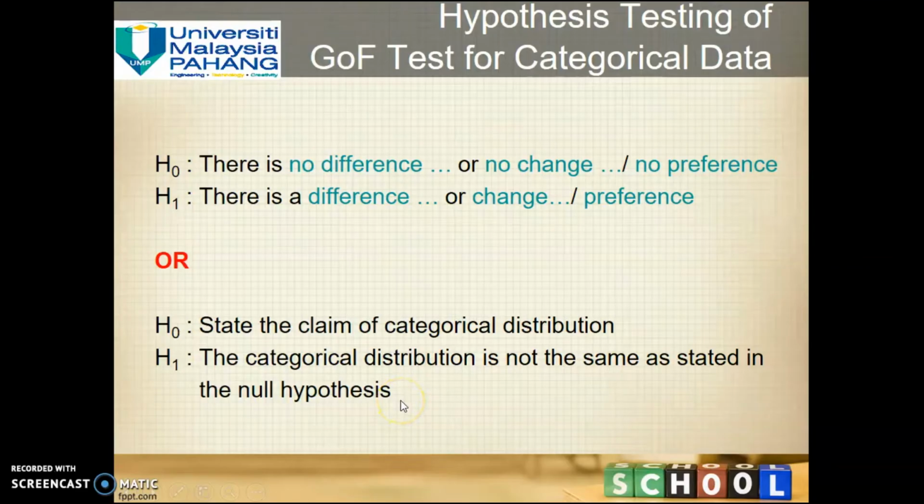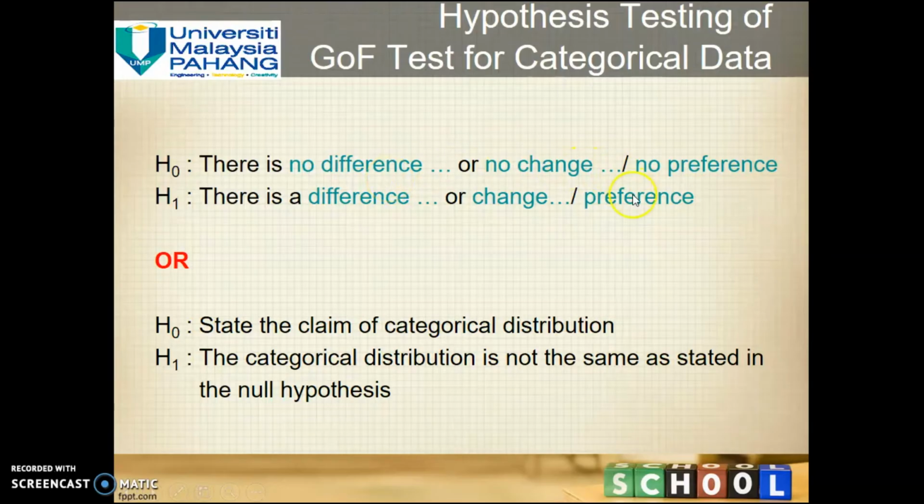Okay, so for the hypothesis, because the goodness of fit test here is still hypothesis testing, the steps are similar, from step 1 until step 5. The first step, similarly, is to formulate the hypothesis.